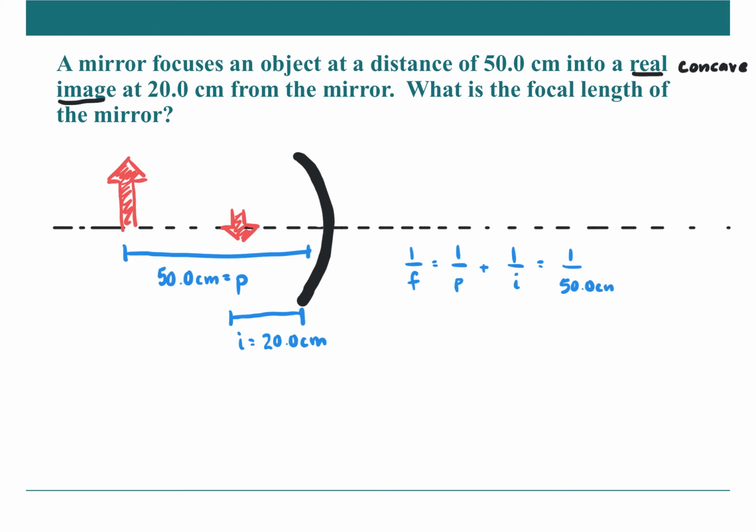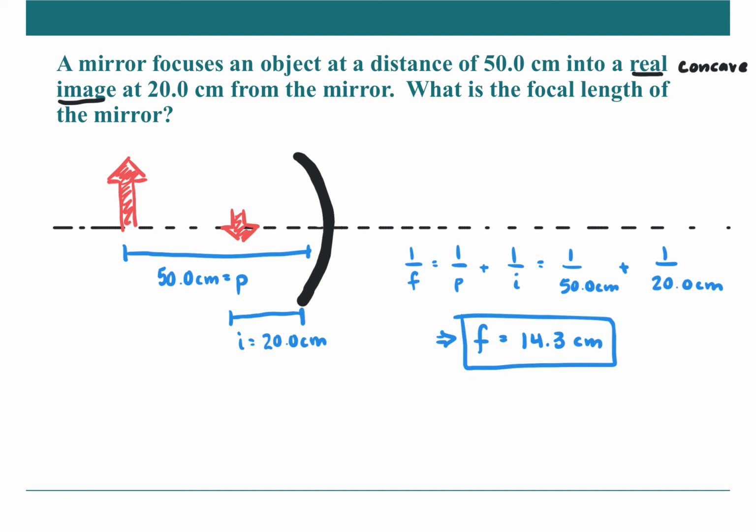The key to it is recognizing that a real image will be formed on the same side of a mirror as an object to be imaged, which means that our value for I must be positive in this case. When we solve for 1 over f and then take the multiplicative inverse at the end, we get something like 14.3 centimeters. So our distance to our image is just a little bit further than our focal point itself. Our focal point is located some 14.3 centimeters from our mirror.